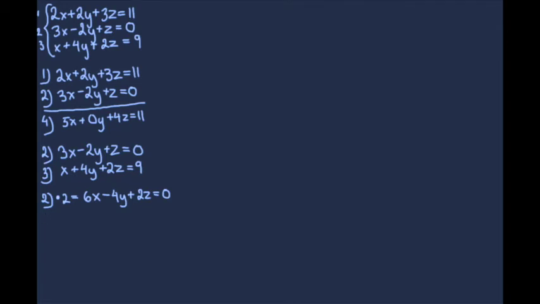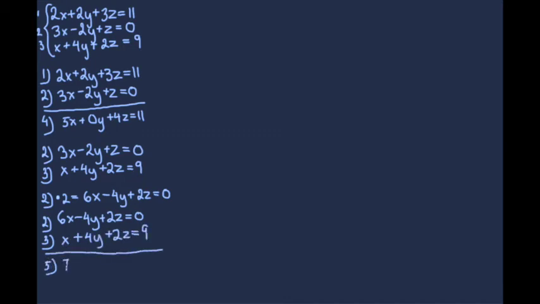So you can eliminate the variable y in these equations too. The new equation 5, 7x plus 4z equals 9, also contains only 2 unknown variables.